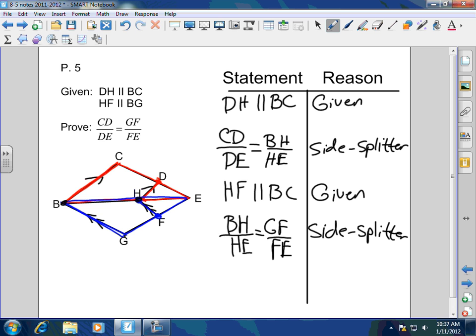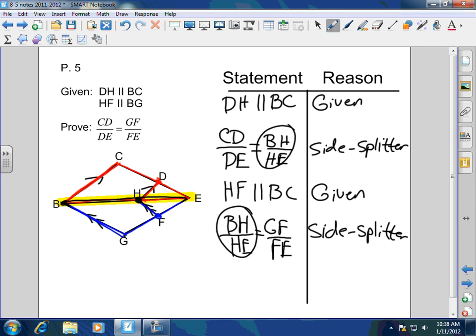What you guys have to see, very good, son, and it will be transitive at the end. Well done. What you have to realize, guys, is that this guy right here, BE is shared for both. So that's why I was able to set up a proportion with two of the same sides. So now that CD to DE equals BH to HE, and BH to HE equals GF to FE, it's kind of like what we were saying earlier in the lesson.